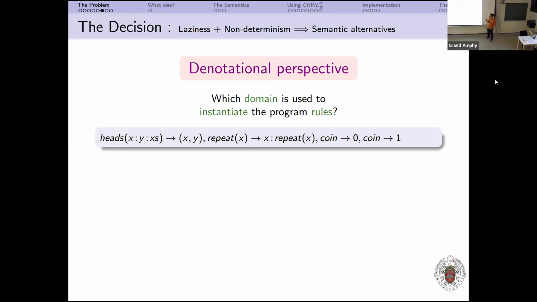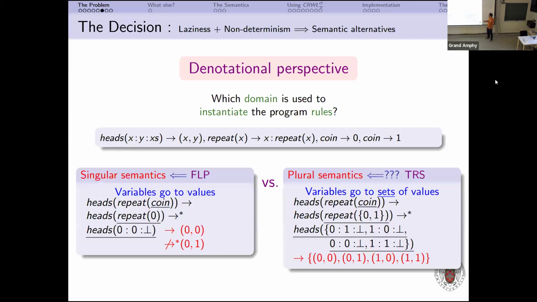And then, besides the operational perspective, we have the denotational perspective, where we wonder which is the domain used to instantiate the program rules. Again, the same program, and then you have functional logic programming, where variables go to values.